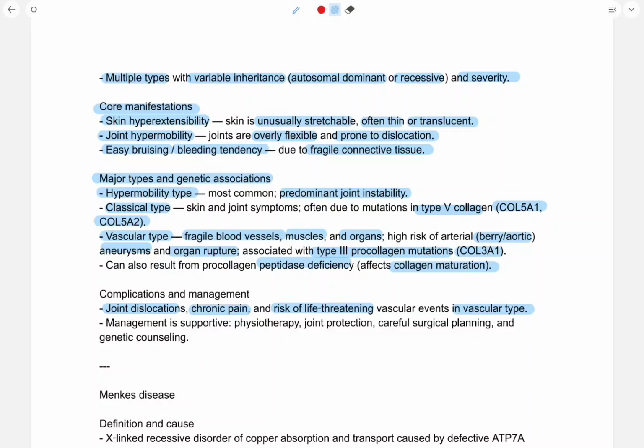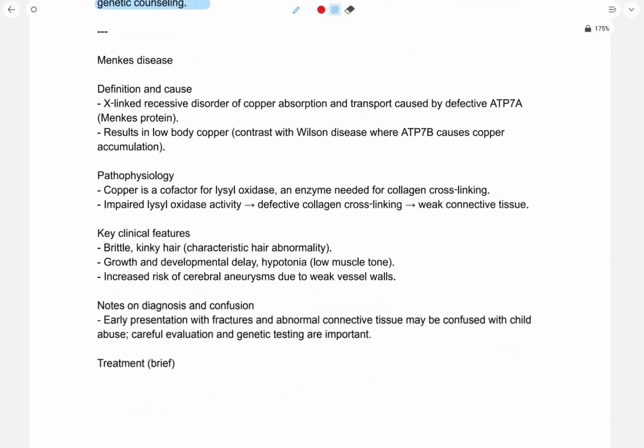Management is basically supportive: physiotherapy, joint protection, careful surgical planning, and genetic counseling.